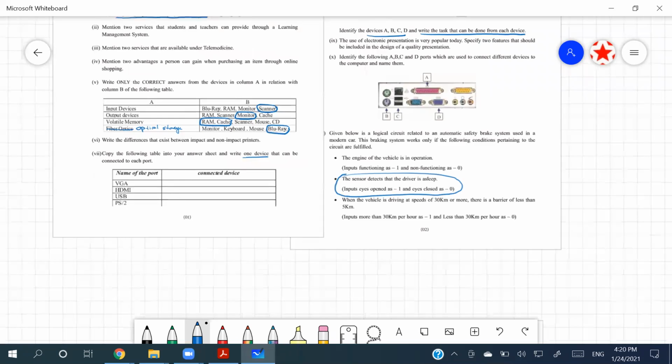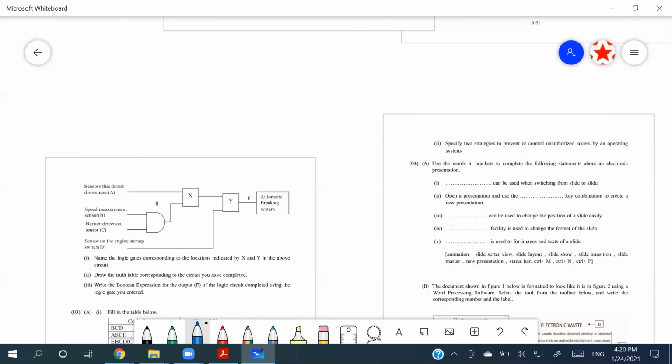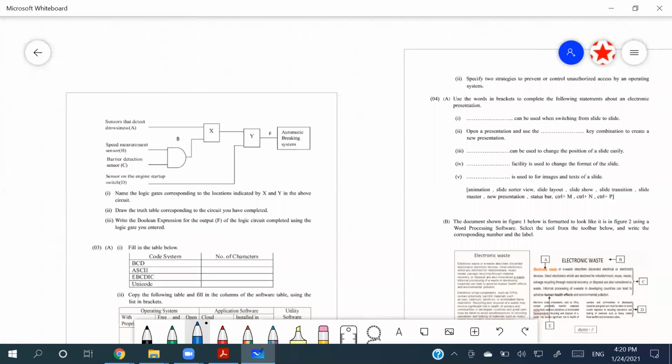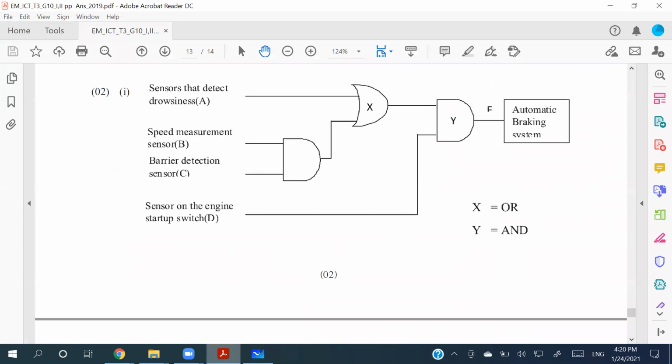And people, I think there's a problem with the circuit right over here. Hold on a minute.